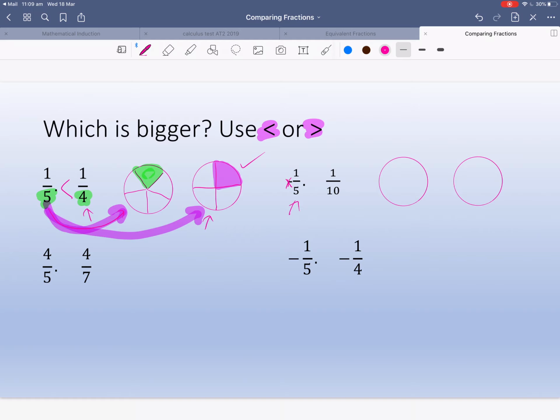This one is going to chop it up into 5 slices like the first one. They're really bad slices. The next one I'm going to chop into 10 slices. So we're going to have 10 slices in here.